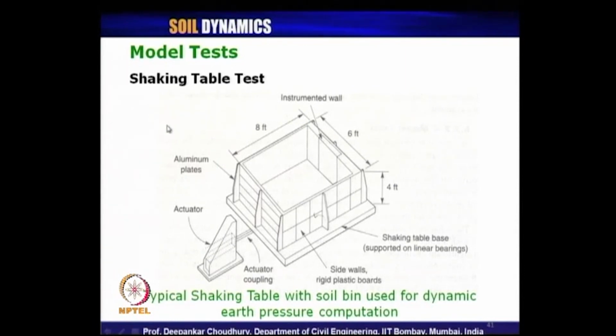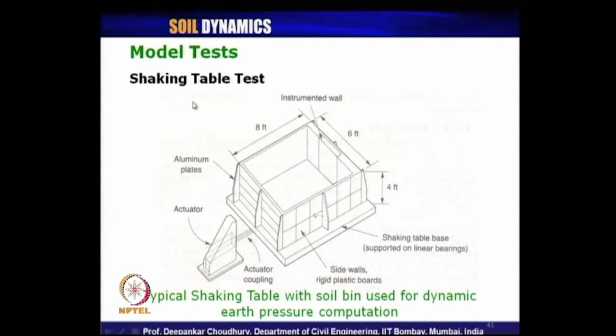Though people worldwide use it, it does not give us an accurate result. And obviously, the bigger the size we can use, the more accurate it gets. If we can use actual prototype sizes for our shaking table test, then obviously it will give you the correct result.